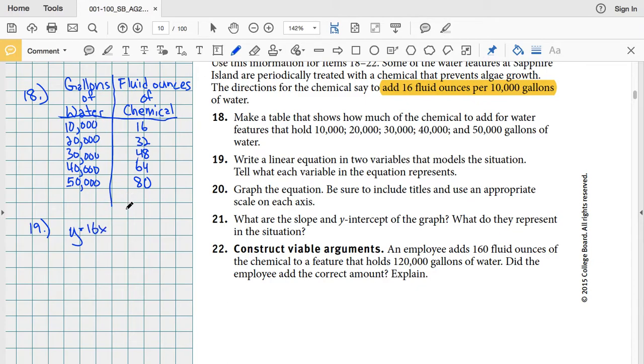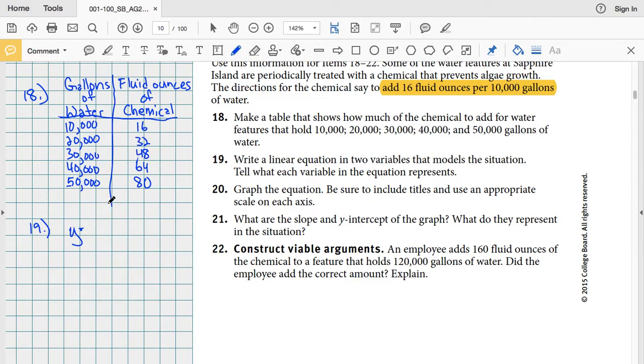But that's not the case because, well, what does x represent here? And we're going to say what they represent, tell what a variable in each equation represents. Well, x is going to end up being the gallons of water, and y is going to be how many fluid ounces. And just to test this out right now, 16 times 10,000 gallons does not get you back to 16, does it? So there's a few different ways we can go about doing this.